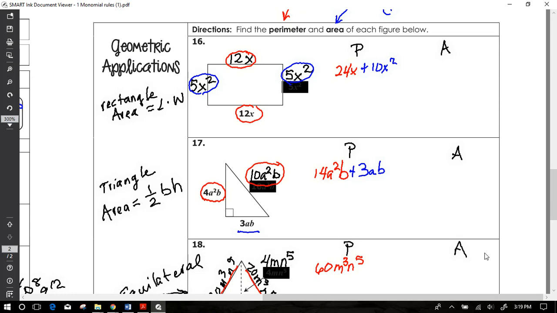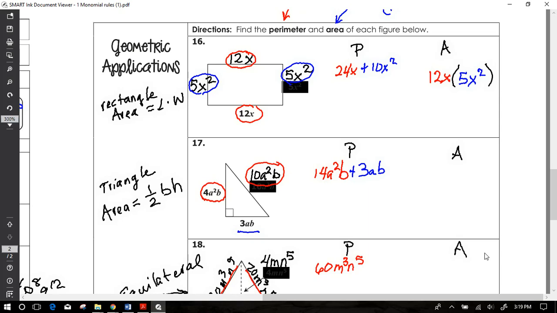So in order to find the area of this rectangle, I am going to need to multiply the 12x times the 5x squared, because my area of a rectangle is length times width, okay? So we're going to need to multiply these.